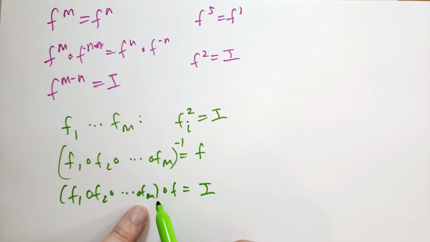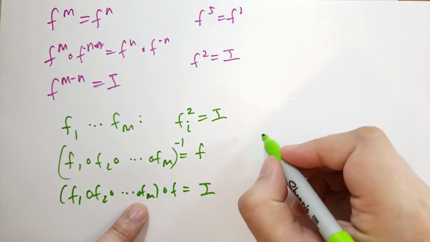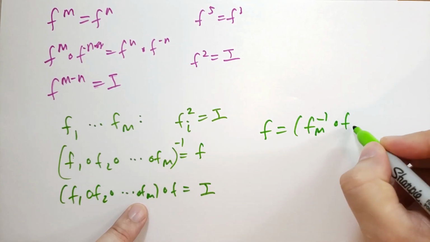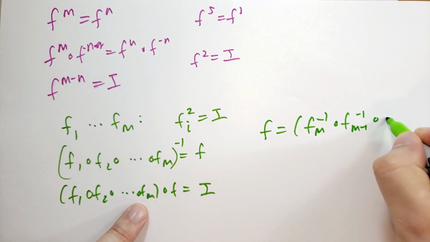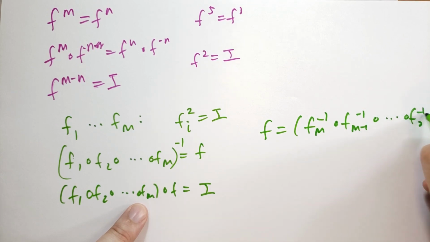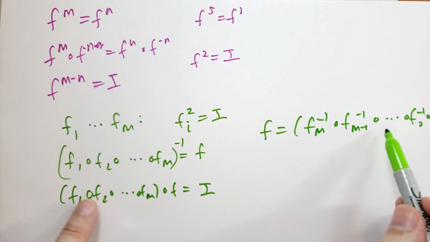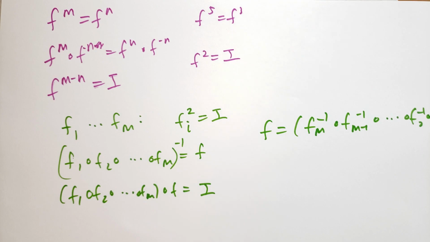Well, if you think about it, f is equal to f to the m minus 1 applied to f to the m minus 1 all the way down to f to the 2 minus 1 applied to f to the 1 minus 1. You can see here how the inside will cancel and then work its way out, and you'll get the identity in the end.